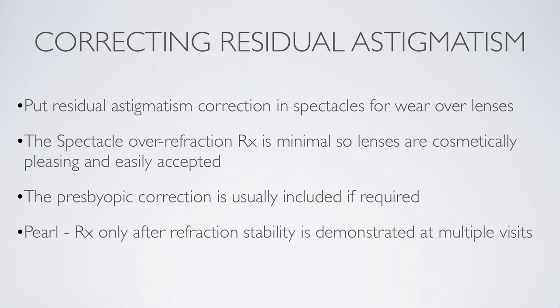These glasses are going to be fairly thin in design, and they're going to be cosmetically pleasing and easily accepted by the patient. What I do find is that when I prescribe for glasses, I don't just prescribe from one refraction. The lens takes a while to stabilize on the eye, and I like to have refractions from several visits in order to see that I have a consistent finding.